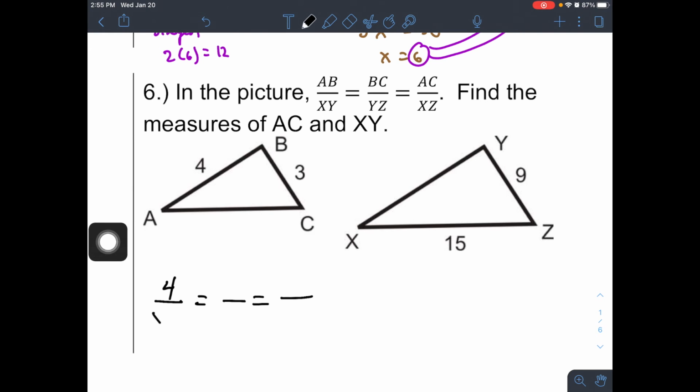XY, I do not know. BC is 3. YZ is 9. AC, I do not know. And XZ is 15. So in this extended ratio, we can see we have one completed ratio or fraction, and we have a fraction with one of the pieces we're looking for and another fraction with the piece that we're looking for here. So we'll solve for XY first.